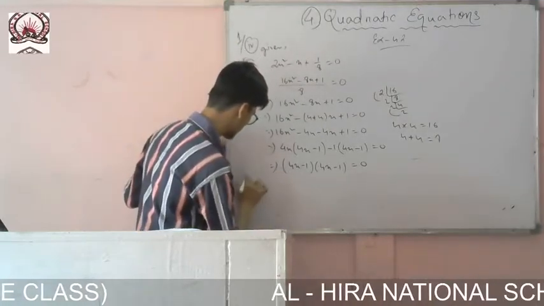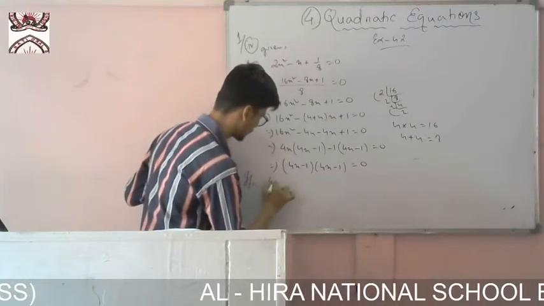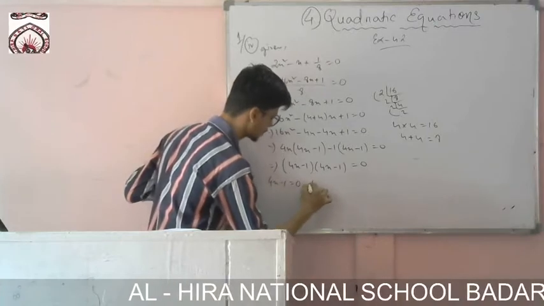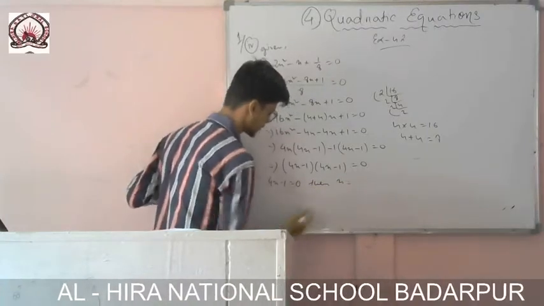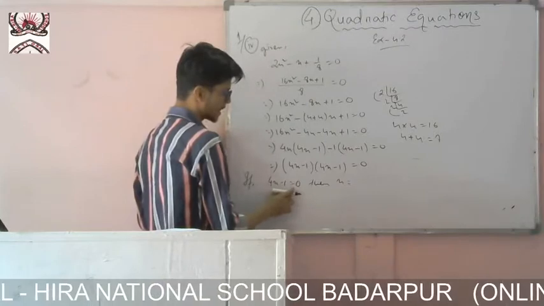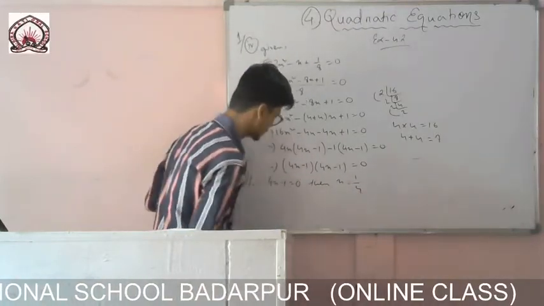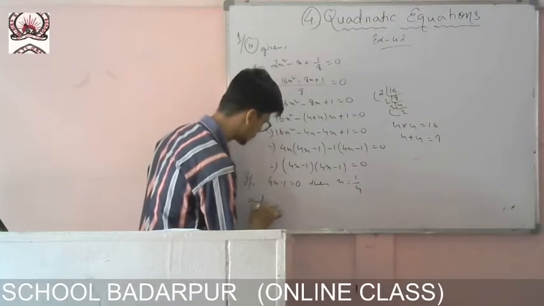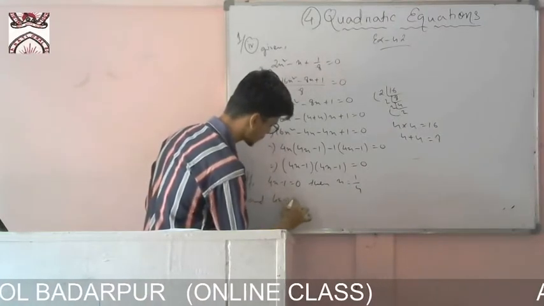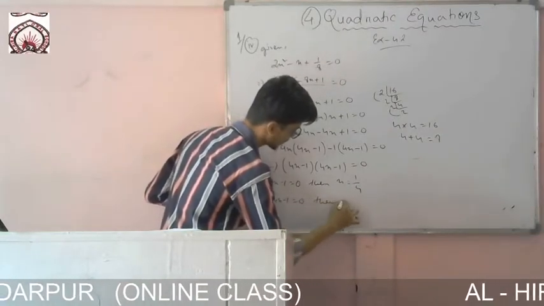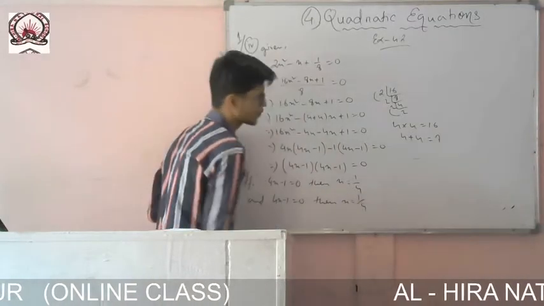So you write like this: if 4x minus 1 equals to 0, then x will be equals to, plus 1 will go to this side, it will be 1, and 4 will come here, so it will be 1 by 4. Same one you write again, 4x minus 1 equals to 0, then again x will be equals to 1 by 4.